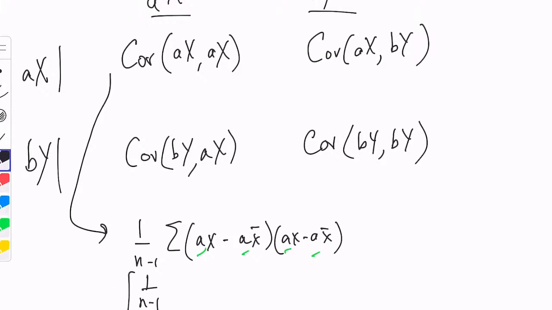I'm going to take the A out here, and it's actually A squared, right? Because there's one A out of the first bracket and one A out of the second bracket, and that leaves me with this. Well, what is this? What is that term?